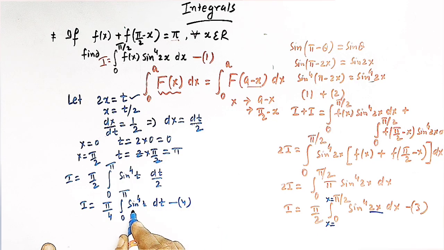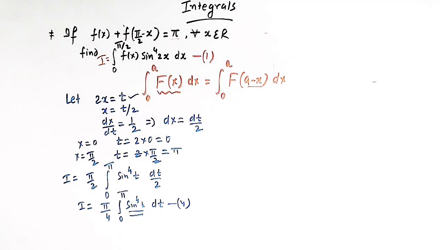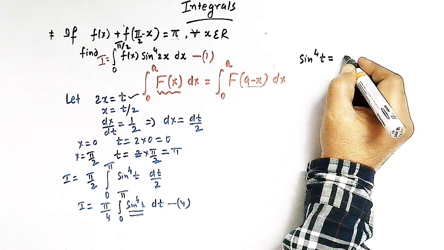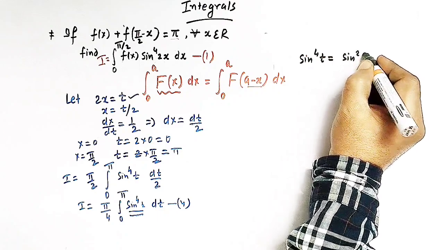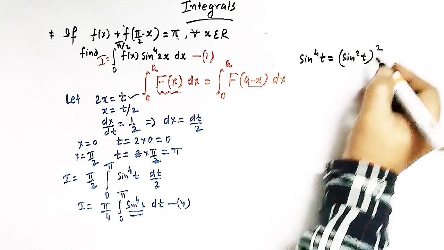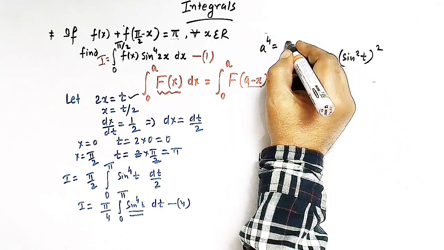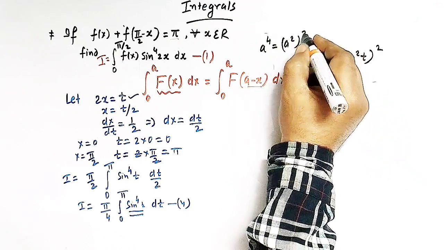So now let us make use of some important identities from trigonometry to simplify sine t raised to 4. Let us write sine 4t as the square of sine square t, right? So we can write a raised to 4 as a square whole square.